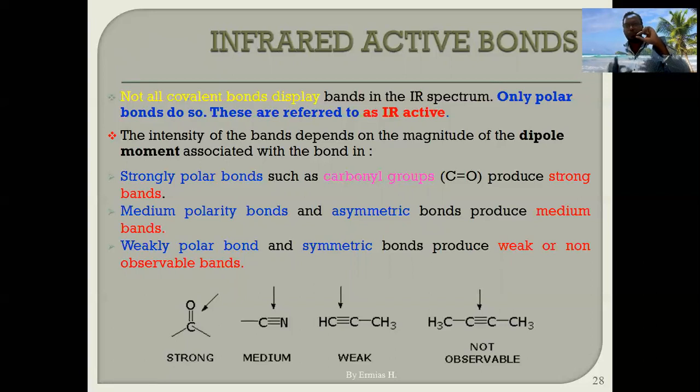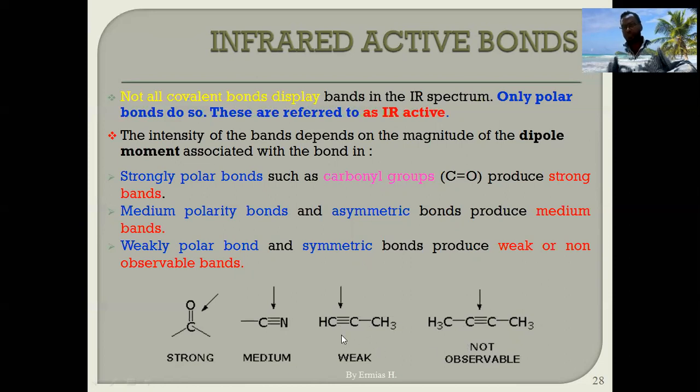When we come to this one, it is a medium polarity bond, and it is asymmetrical also, so it produces a medium band. This one is a weaker polar bond, and such asymmetrical bonds produce weak or not observable bands.